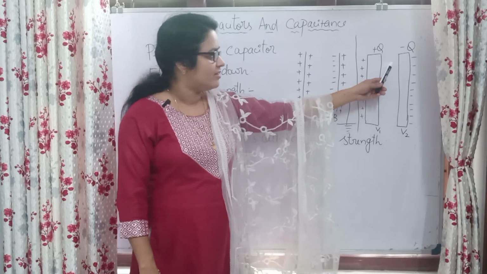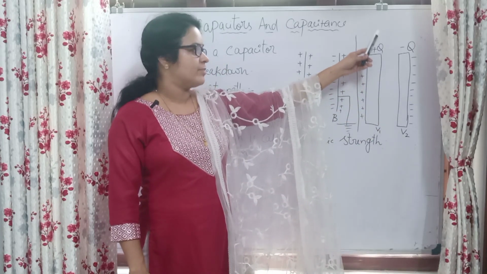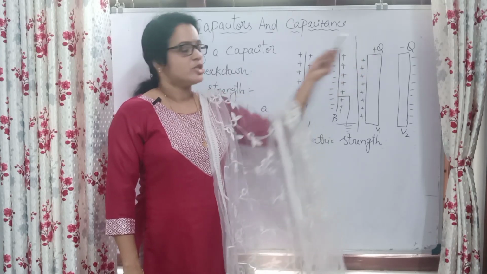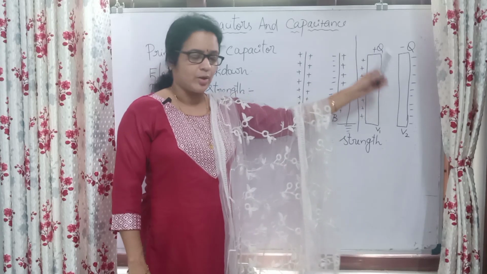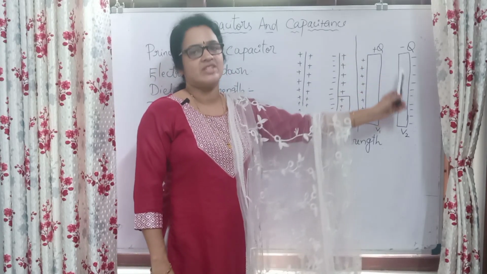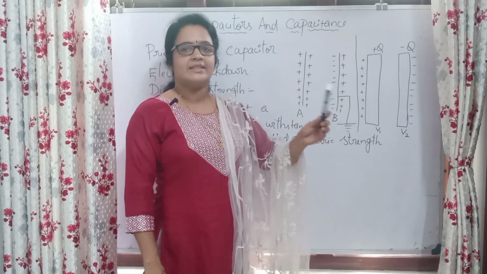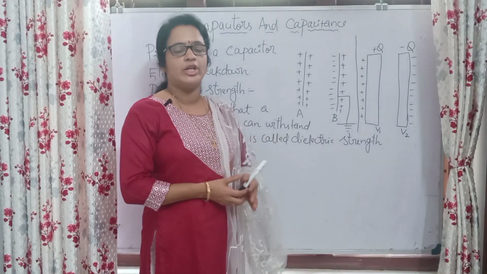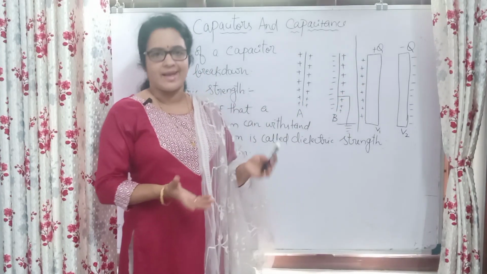Suppose here we have an electric field and it ionizes the electrons and protons nearby, so the positive charges will attract the negative charges near those ions, and the negative charges also will attract the positive charges. That means when the electric field becomes very high, it will ionize the nearby molecules, and that will attract the opposite charges and neutralize.